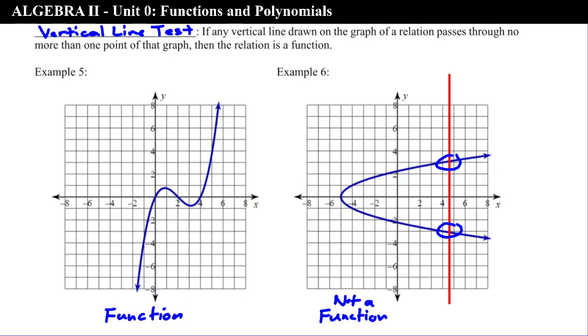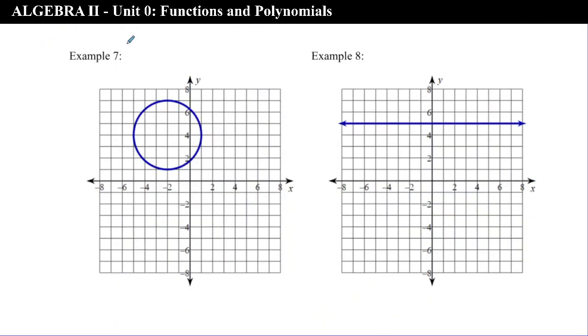Let's look at a couple more examples so we can get comfortable with this. So we are going to draw our line once again, vertically up and down, and now we are going to drag this line across. If you're doing this on a sheet of paper, you may want to use a pencil to see if it passes the test. So here we have this circle that's plotted on this graph.